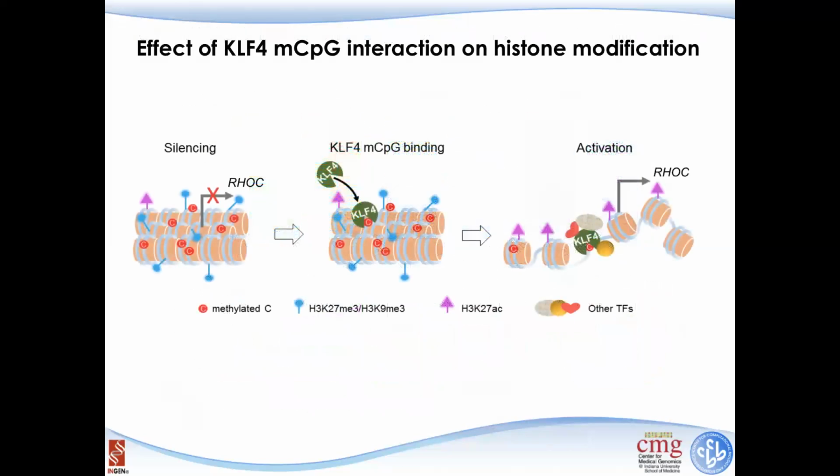The pattern is, we assume that at the very beginning this gene, for example ROC, is not activated because it is highly methylated in its promoter region, and the histones may be very dense and condensed. So there is no way for it to be activated until wild-type CARE4 comes, which has a methylated binding motif.